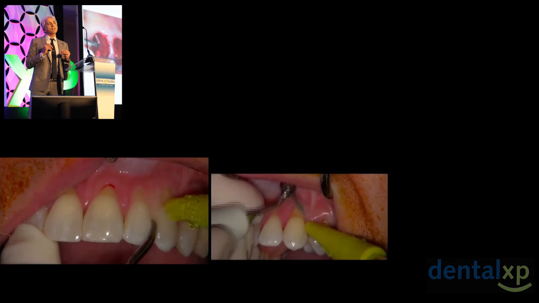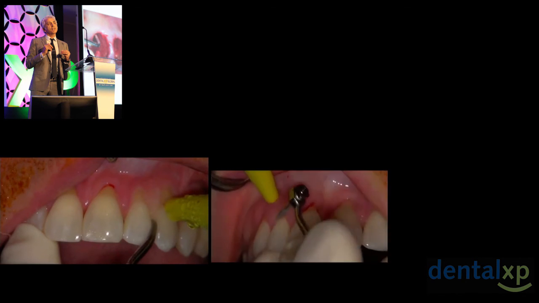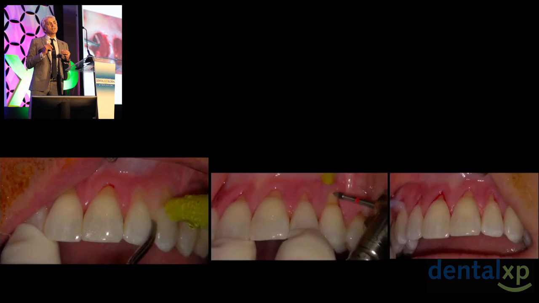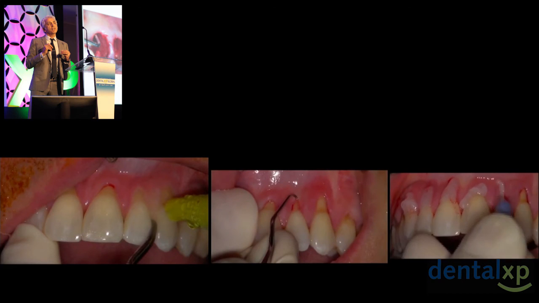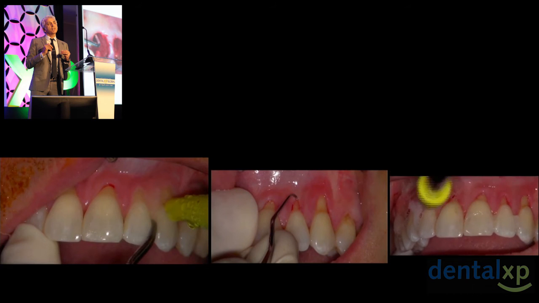We start always with root debridement, very careful scaling and root planing, odontoplasty using a number of rotary as well as ultrasonic instrumentation to flatten the roots. And this step really takes the most time. It takes me maybe 1 hour for some of these cases to do the root preparation, and the rest of the tunneling takes considerably less time.